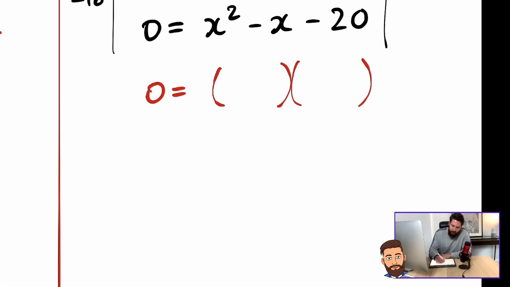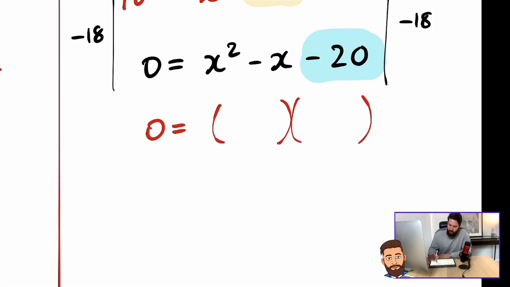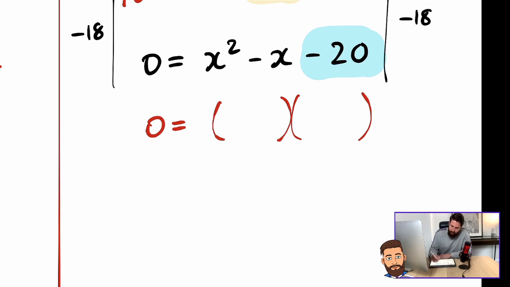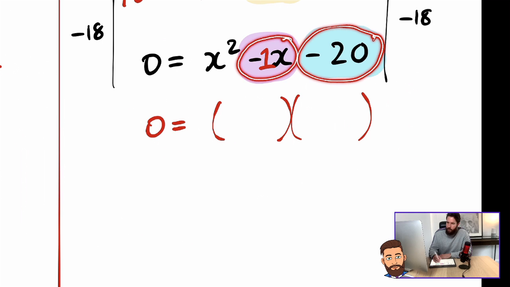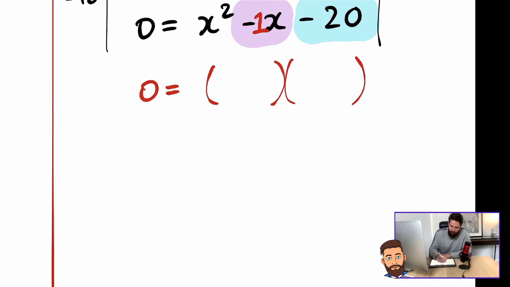Remember, we need two numbers that multiply together to make minus 20 and add together to make, in this case, what does minus x mean? That means minus 1. So we need two numbers that multiply together to make minus 20 and add together to make minus 1. So the best method you can do for this is list out your factors of minus 20.